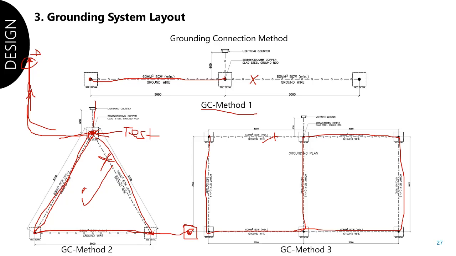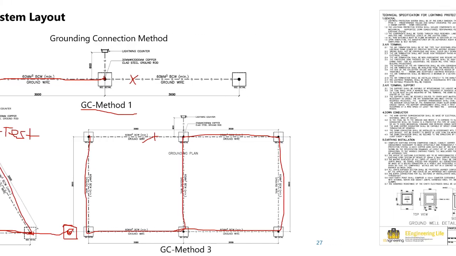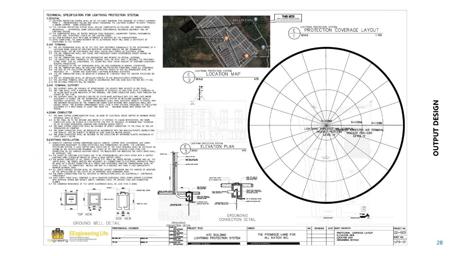Also, number one is to isolate our down conductor and air terminal to test the grounding system. Okay, so this is the sample output of the design. Basically we have the technical specifications, so the general air terminal details or requirements for your air terminals, then air terminal supports, which is the mounting structure, the part 2 of our part 2.